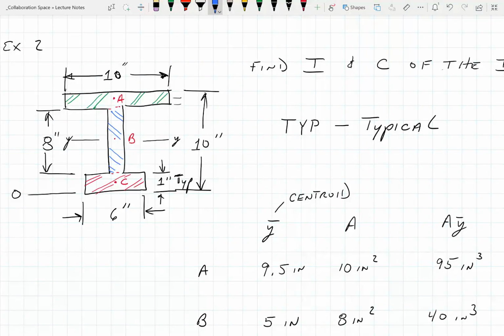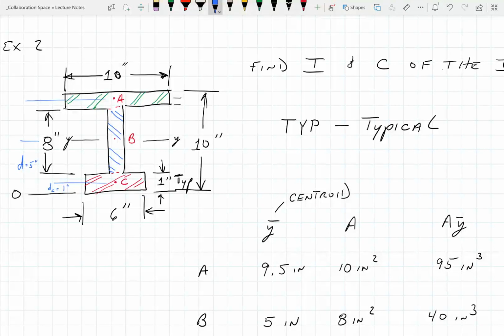So I'm trying to figure out where it is from where our baseline is here, okay? So our D for this one, D of C will be 1 inch, and D of B will be 1 and 4 is 5 inches, okay?